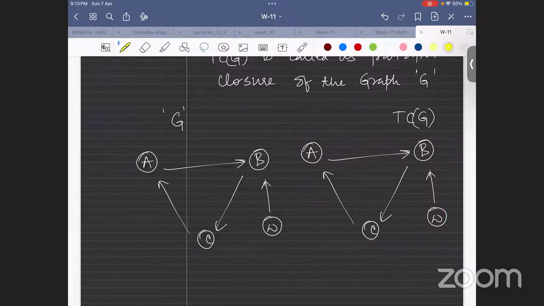Three, sir. Which are those three? A to C, D to C, and D to A. A to C or C to A? Sorry, C to A, no, sorry. You are correct, A to C, sir.